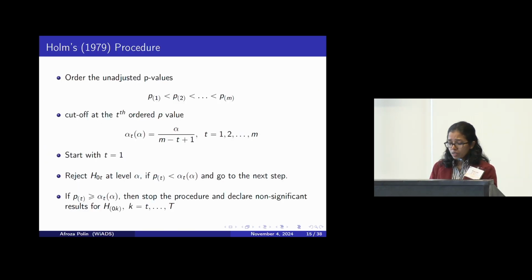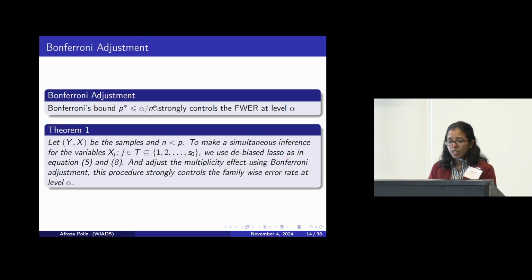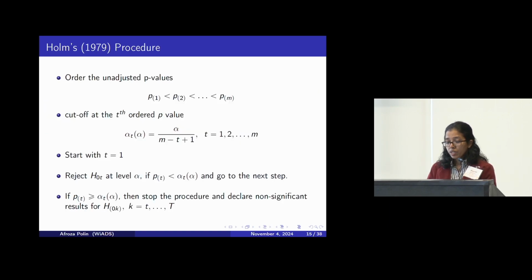Now think about this: if M equals 10 and alpha equals 0.05, then 0.05 divided by 10 is 0.005. Sometimes it is hard to get a p-value as small as that.